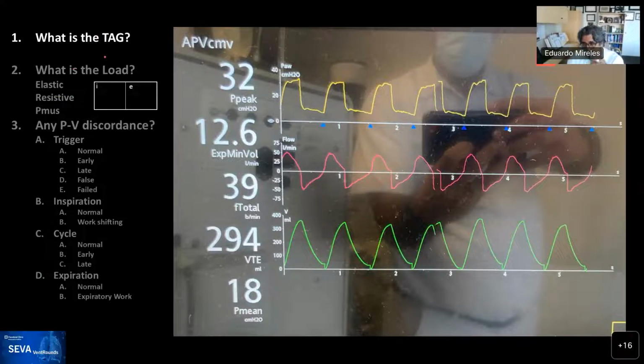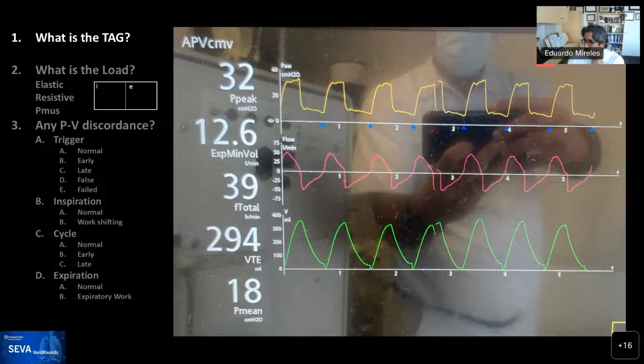Essentially, the chat doesn't appear anywhere on the video. It's just for us to be able to have a conversation. So as you're looking at this mode of mechanical ventilation right now, what is the tag? What is the breath control variable? What is the breath sequence? And what is the targeting scheme? And I'll ask everybody to put in your thoughts.